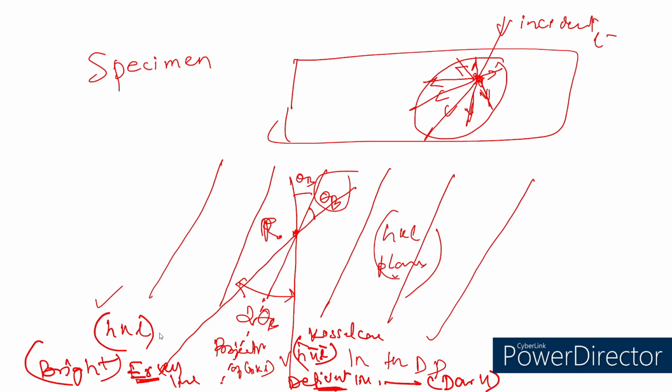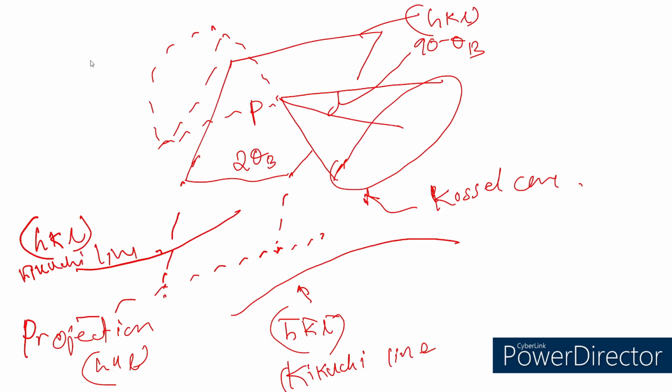Since the scattered electrons are traveling in all directions, the diffracted beam will lie on one of two cones.